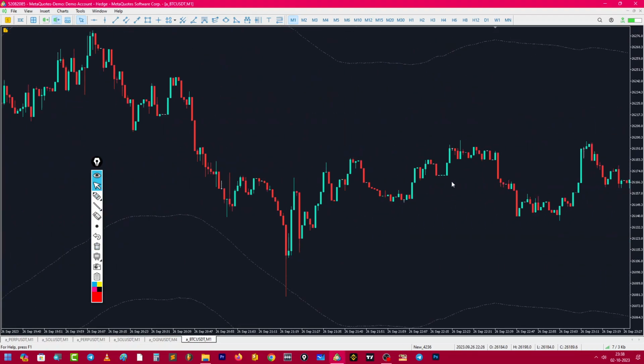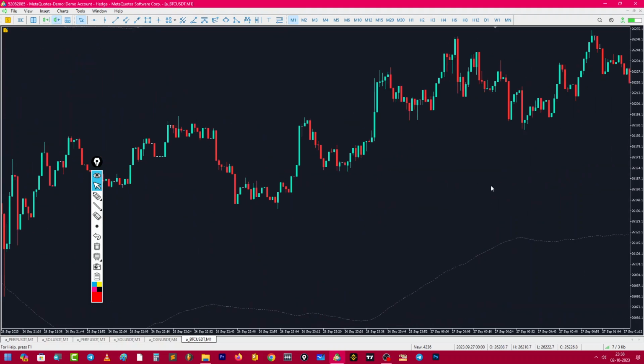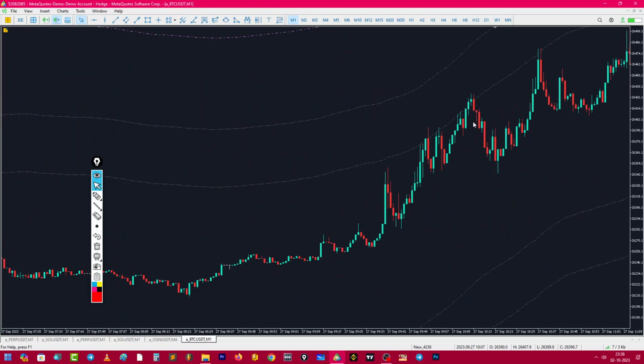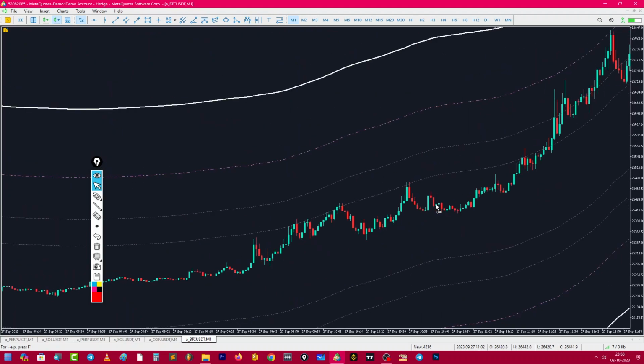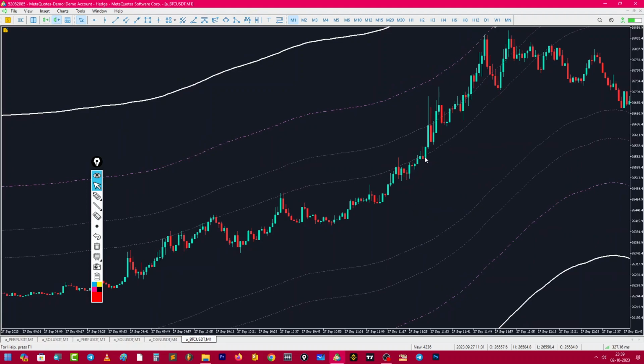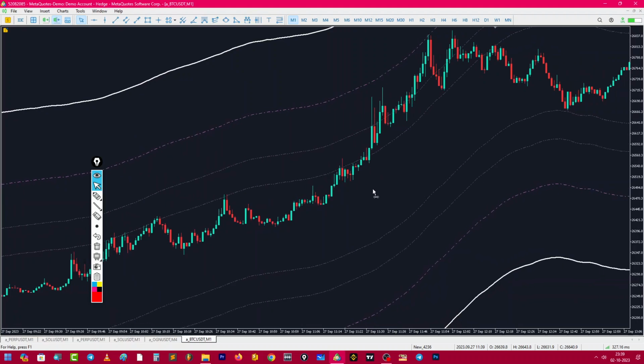So you can see here the touch, these are the touch, always rejection. Okay, so it's very good for scalping. In this case, you can see price has given a closing above, but price never gave a closing below this line, so there is no valid entry.